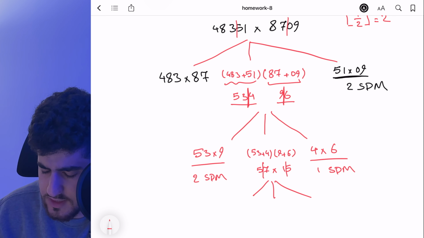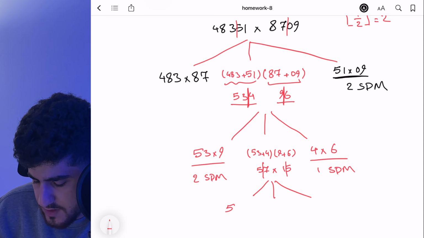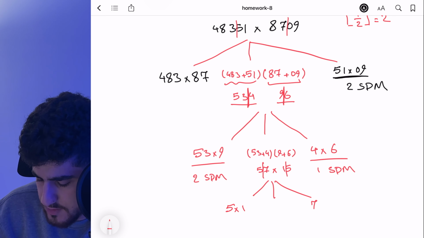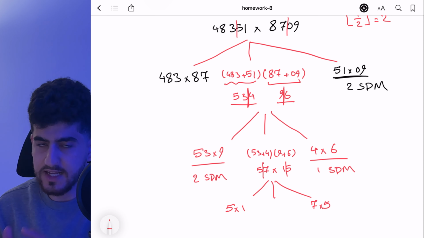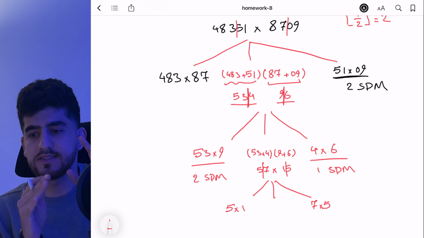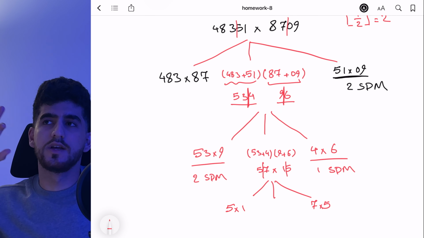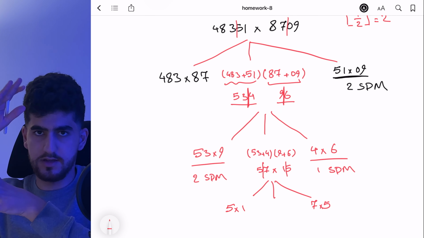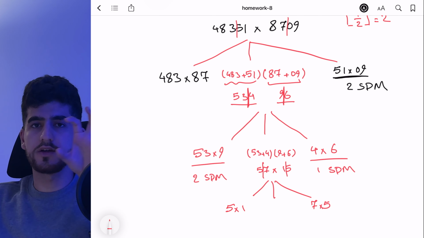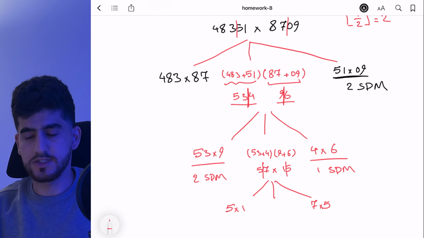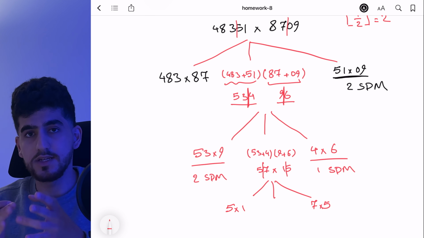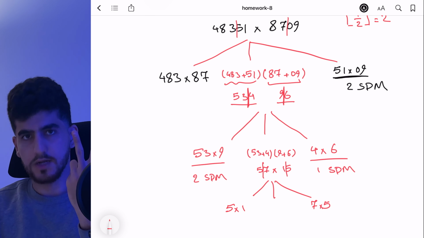Then we're going to have these 3. 5 times 1, 7 times 5. You see that the leftmost one is the product of the leftmost parts. The rightmost child is going to be the product of the rightmost parts. The middle one is the product of the sum of these two and the sum of these two.